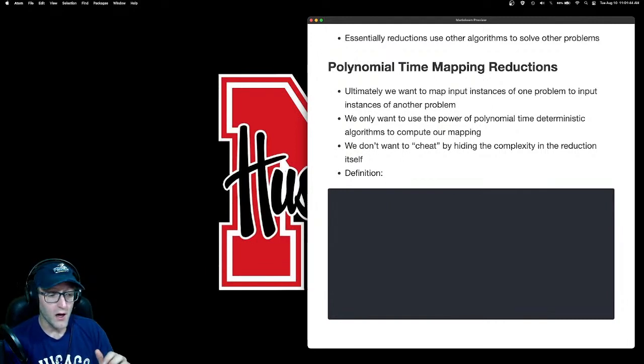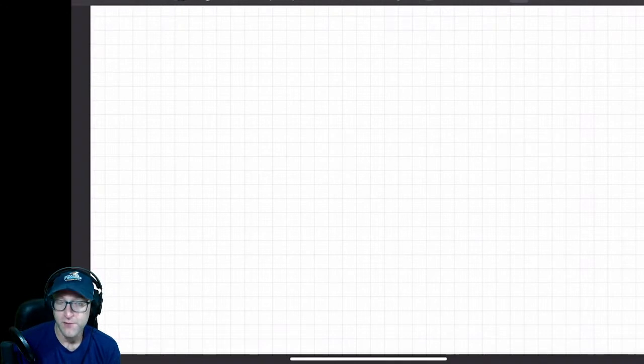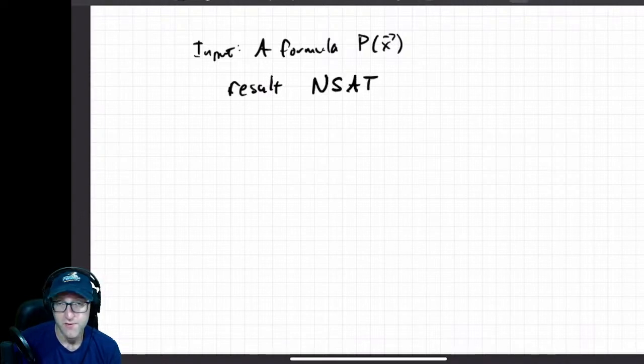You don't want to basically abuse the reduction to hide the complexity. For example, I could write an algorithm for SAT, for satisfiability. Here our input is a formula, or a predicate, P. And all I need to do is call my non-deterministic SAT algorithm that we already developed yesterday.